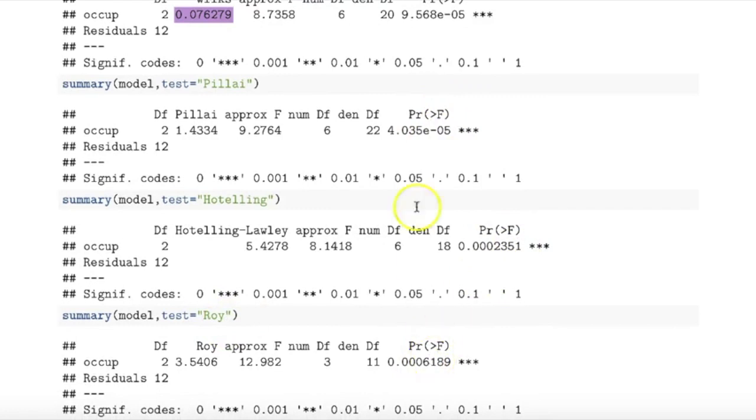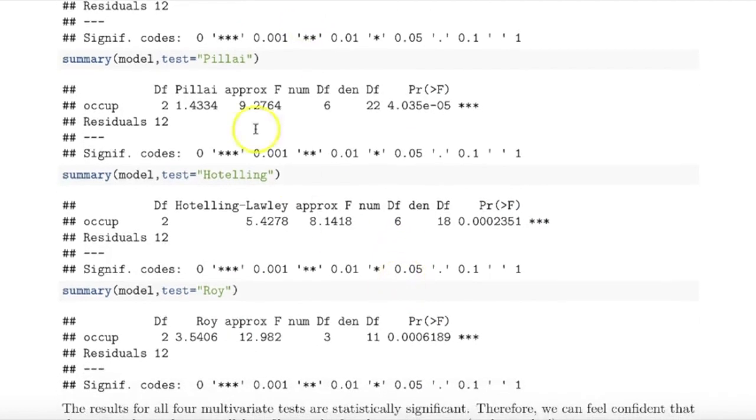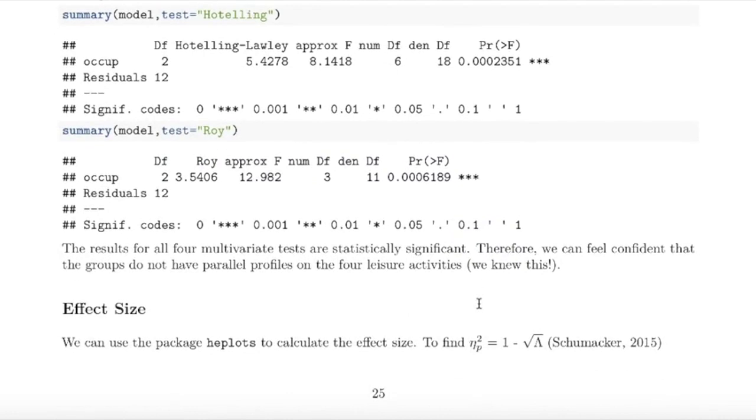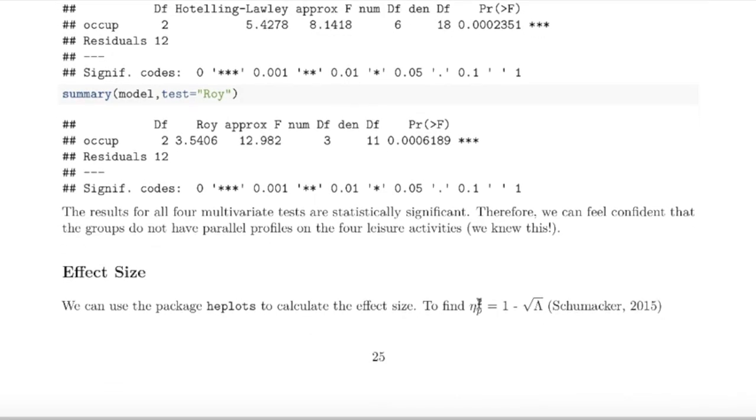So that's good. We don't really have to think too much about this. We could just report Wilks lambda if we wanted to, or we could do a nice table and report all four. There's really no consensus on how to report that. Actually, I'm lying. The consensus is if they're all significant, if they're all pointing to the same conclusion, the consensus is to just report Wilks lambda.